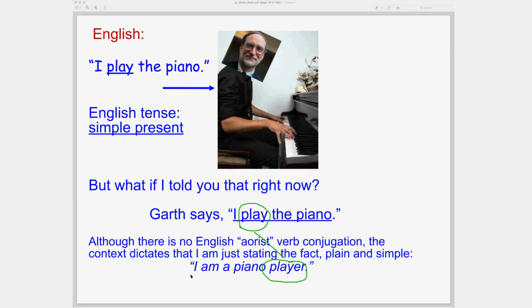So here, if I say, I am a piano player, by changing the verb to a noun, then I remove from it the time aspect, because a noun, player, cannot be either past, present, or future. And that am is just speaking of the fact of it. I am a piano player.